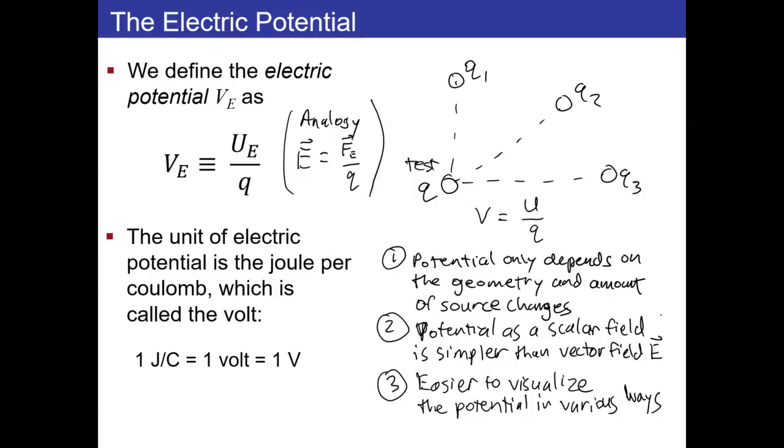Capital V is the symbol here, named for Alessandro Volta, one of the early investigators of electrical phenomena. Any questions about this general definition and introduction? So we now have a formal definition of the volt.